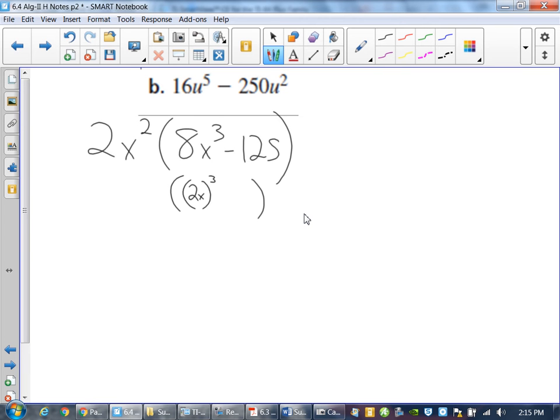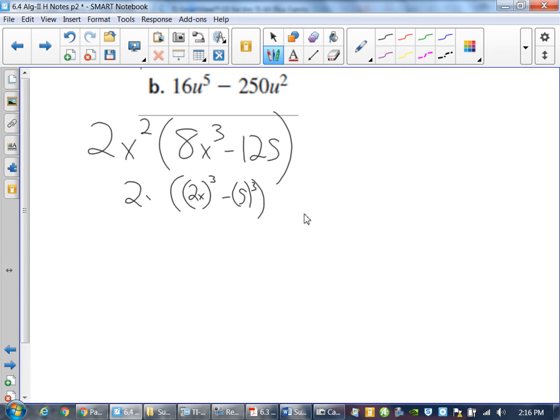The second part, what's the cube root of 125? 5. I would seriously suggest, until you get the hang of sums and differences of cubes, I would write these 2 out a couple times just to get the hang of it. Okay. So now it's a matter of following the pattern.